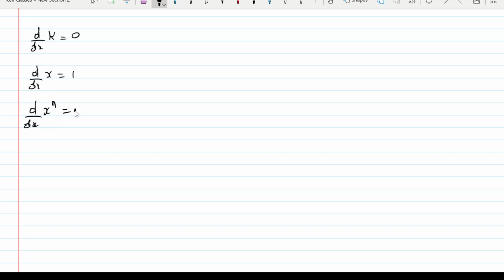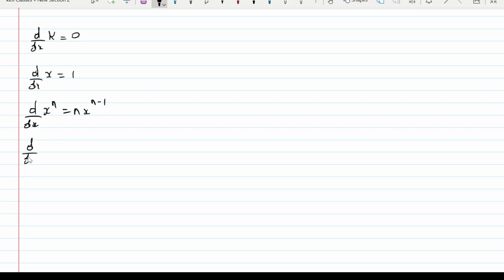So there are some standard techniques to do them, but we will have this list. D by dx of a constant is equal to 0. D by dx of x is equal to 1. D by dx of x raised to n is n x raised to n minus 1.